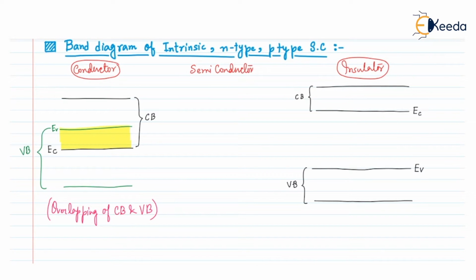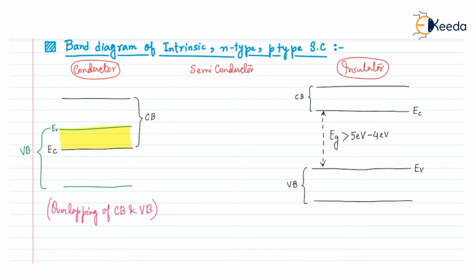Now the energy band gap is denoted by Eg, and this energy gap is greater than nearly 5 electron volt or 4 electron volt.